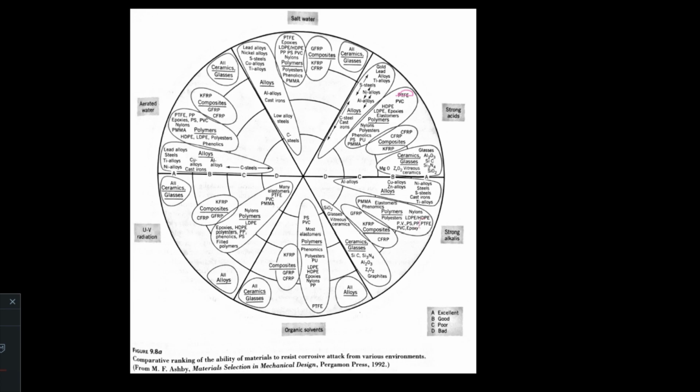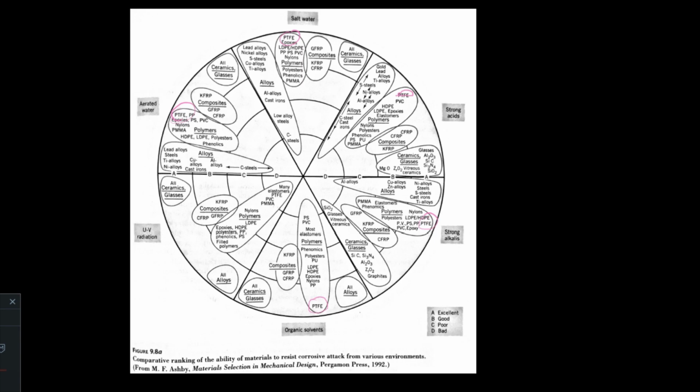It also does well in strong bases, alkalis. It also does well with organic solvents, and it doesn't do as well for UV radiation. And so this is a quick way for us to look at how well a material performs. You can see Teflon actually shows up in the outer ring for most environments.